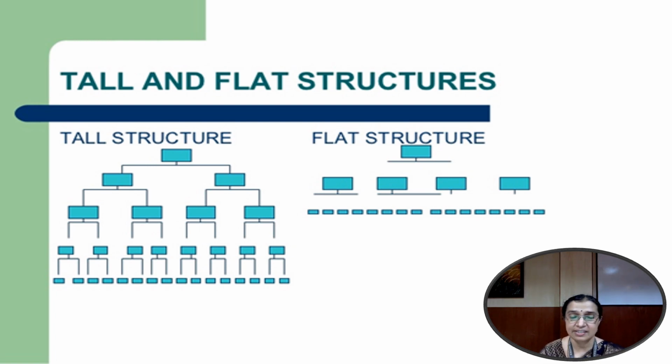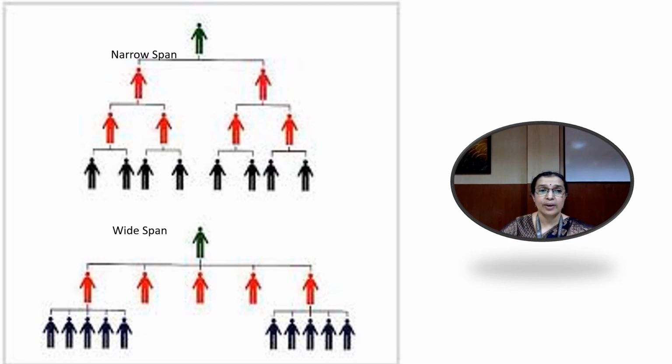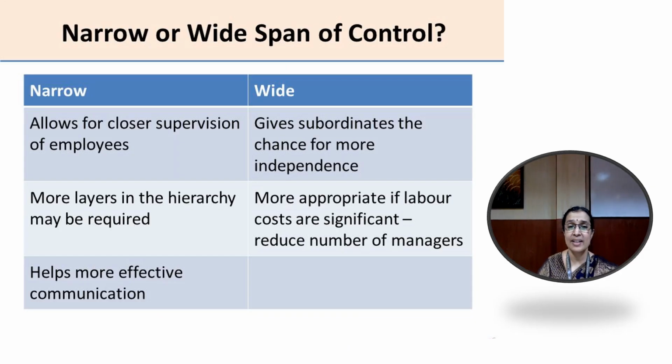That is why you call it a tall structure. When you talk about flat structures, under one manager you have only 5 or 6 or maybe 10, depending upon the capability of the manager, how many employees he can manage. That is why you have a narrow and a wide span. One more example I have shown here. Now let us see the difference between the narrow and the wide.